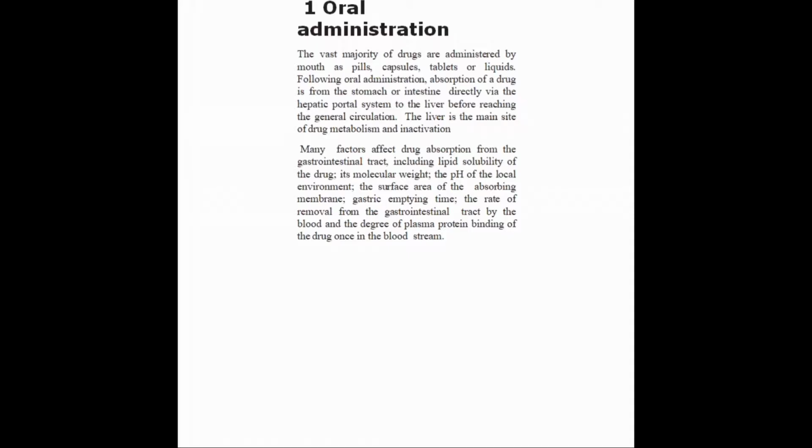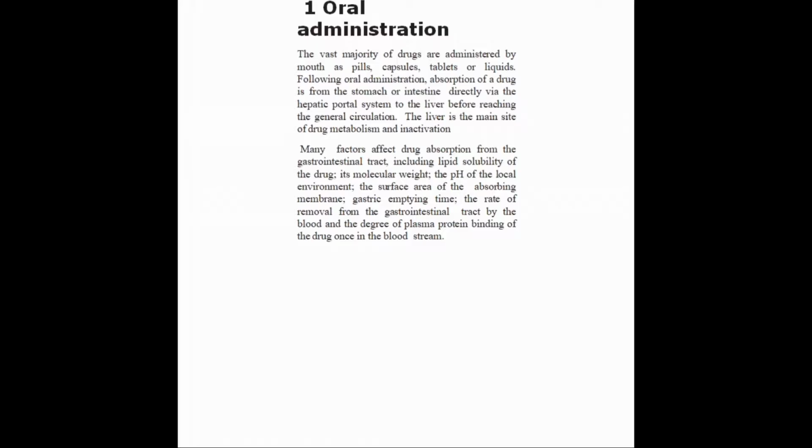Now, when you take a drug through your mouth, there are many factors from the gastrointestinal tract that will affect it, depending on the nature of the drug. Your intestine is alkaline, but some part of your intestine is acidic. Then there is lipid solubility of the drug: is this drug soluble lipid-wise?